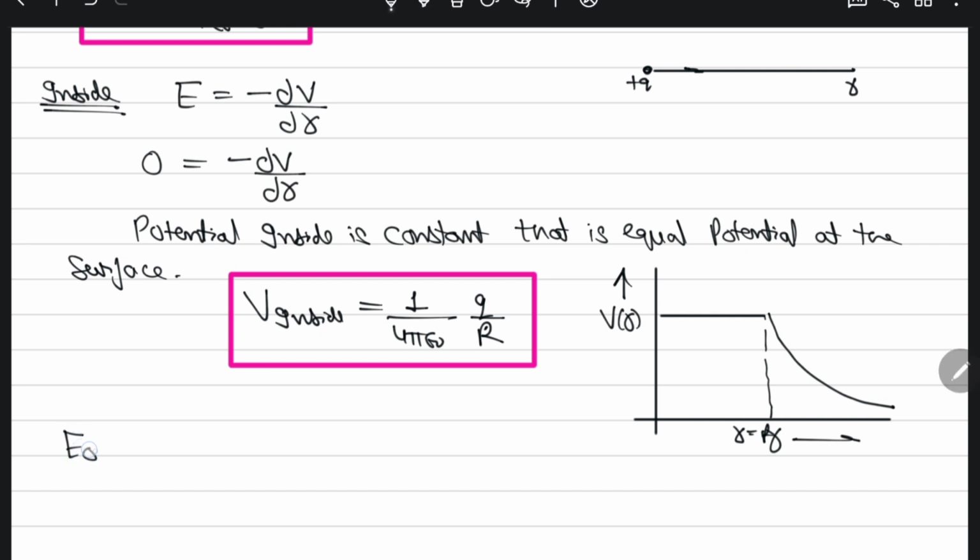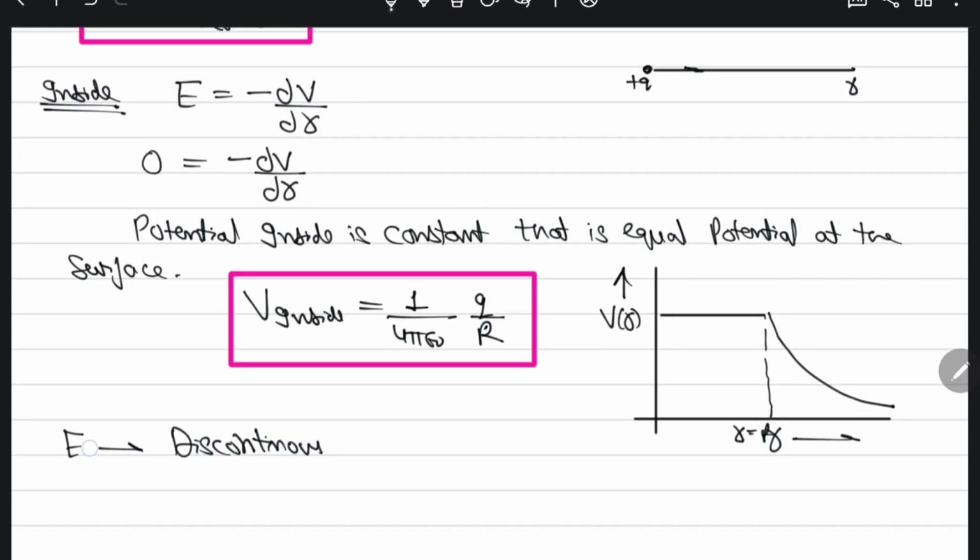So the electric field is discontinuous. But potential is always continuous.